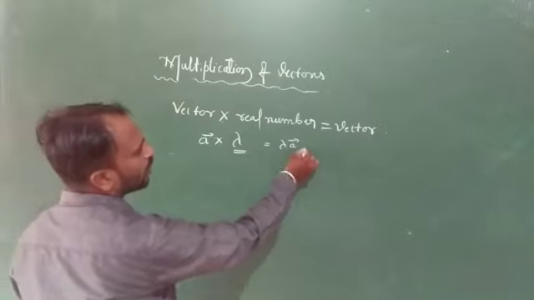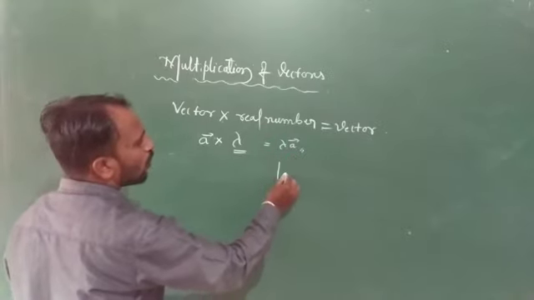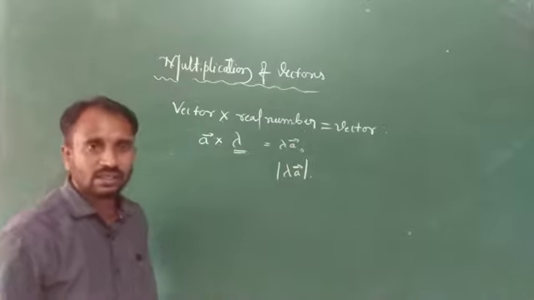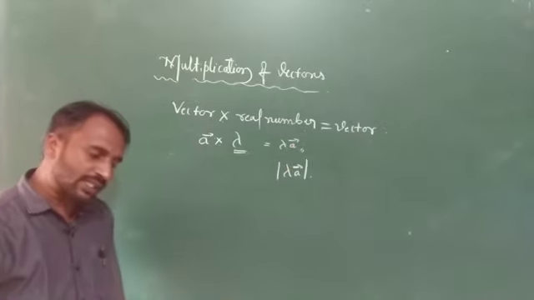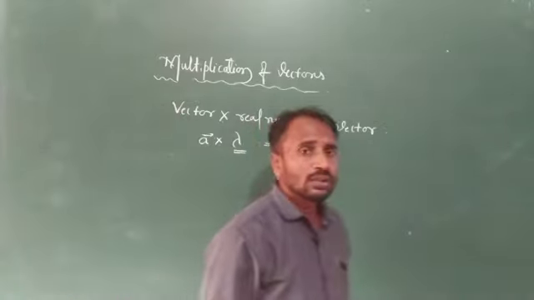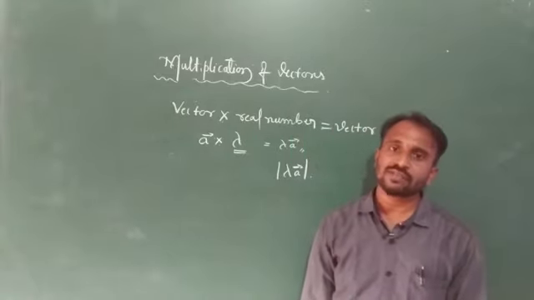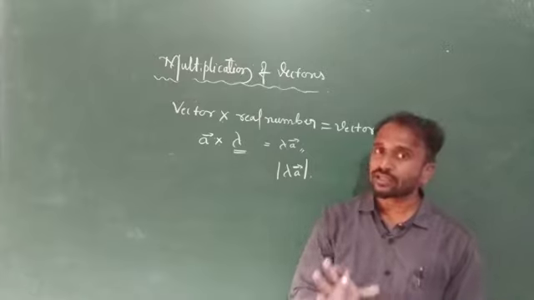Suppose we want to calculate the magnitude, that is the modulus of lambda into vector A. The real number multiplied with a vector quantity always gives a vector quantity.